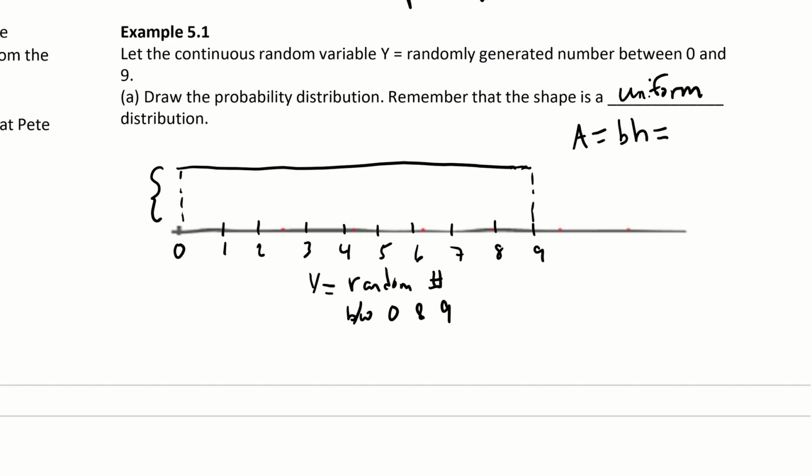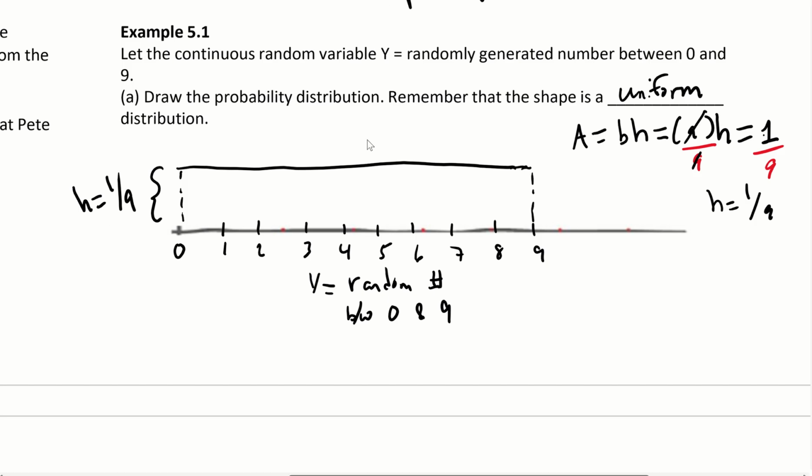The base is from 0 to 9, which is 9, and the height we need to figure out. So let's call it h, and base times height has to equal 1. So let's solve using basic algebra, divide by 9 on both sides, and so the height has to be 1 over 9. Okay, so there you go. There is my probability distribution, my density curve, 1/9. That's what I got.